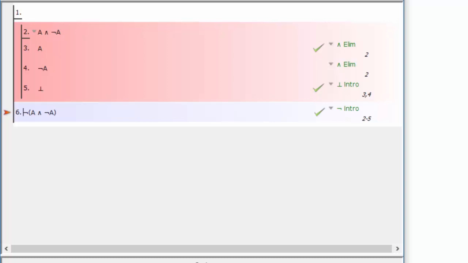We check it out, and indeed, without relying on any premises whatsoever, we can prove in Fitch-style system that it must be true that it's not the case both A and not the case A. And since there aren't any premises, what that tells us is that no matter what the situation is, there can never be a contradiction.